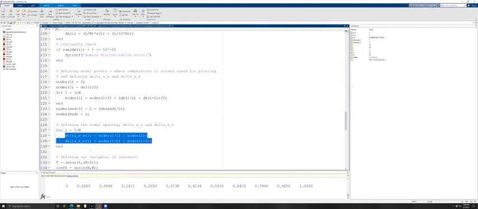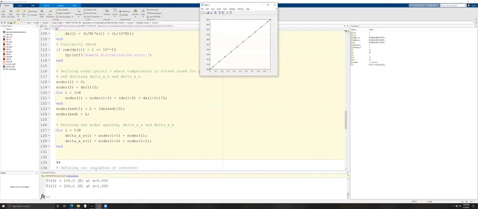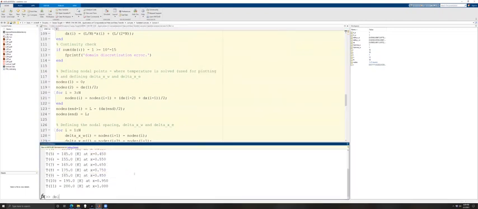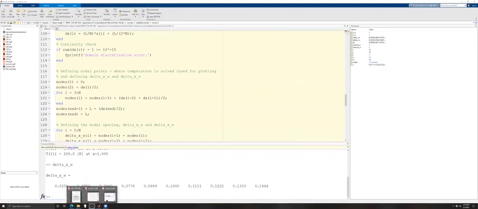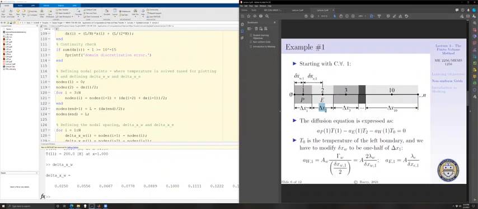Now, what's really nice about this is we can look at some of these variables. Delta x west. And you can go through and double check. Our first spacing, delta x west 1, should obviously be 0.025 because that's delta x divided by 2.